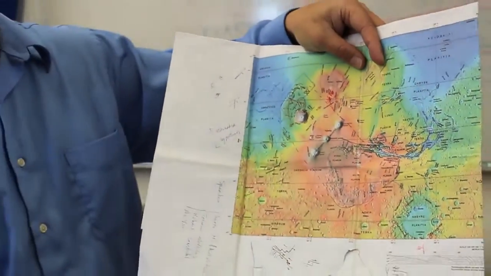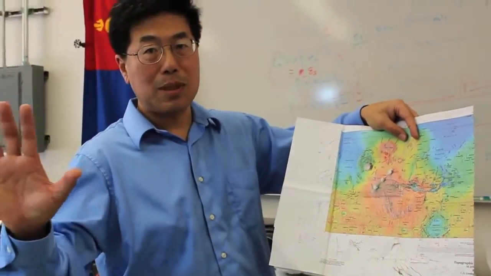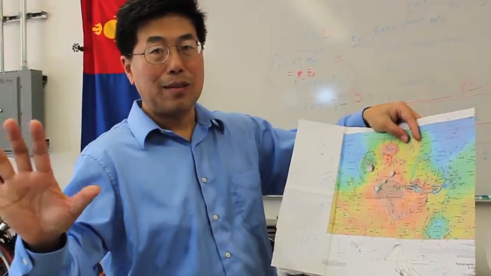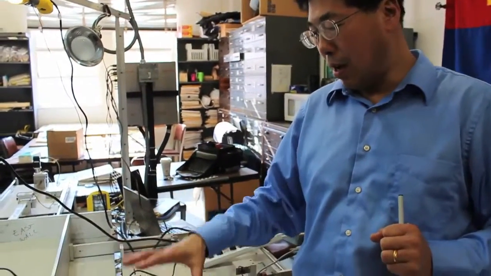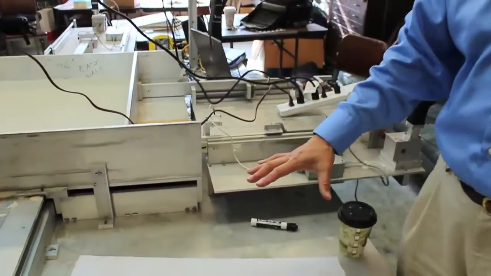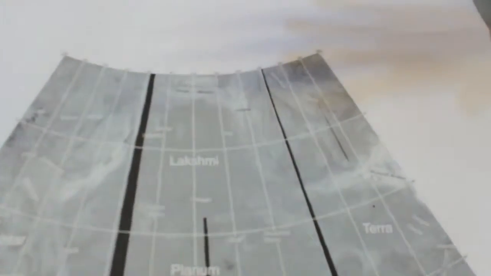Those faults are also very common on Earth, as we're going to see on some other maps from Tibet. Okay, so here is another example of this type of V-shaped fault system, on Venus in this case. This is the northern polar area of Venus.